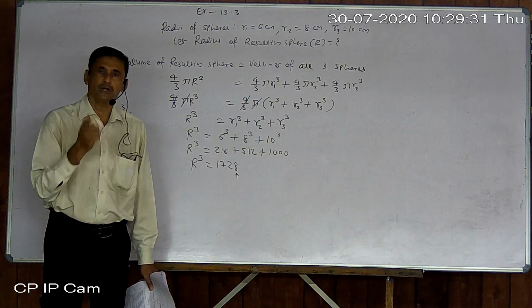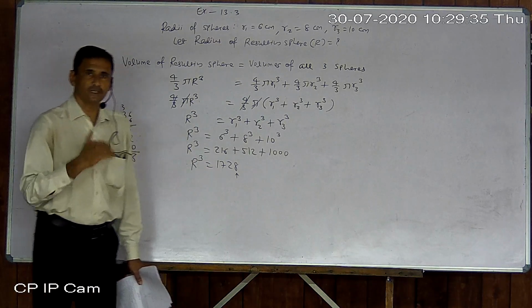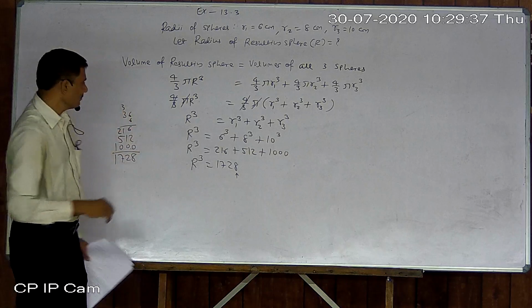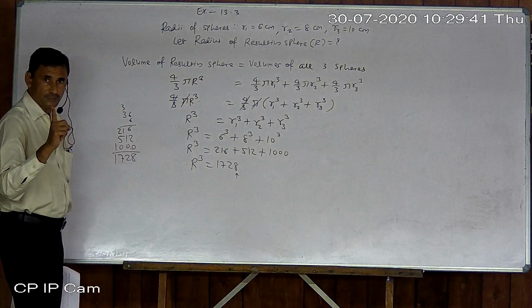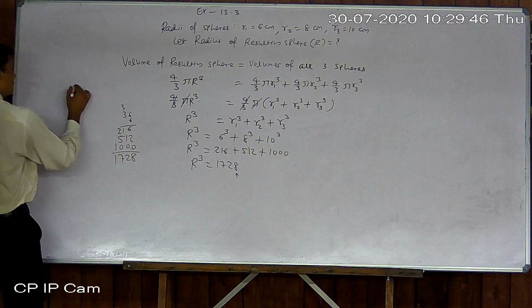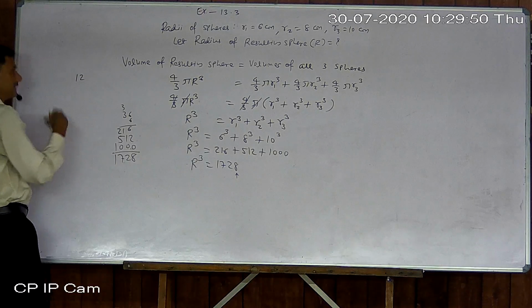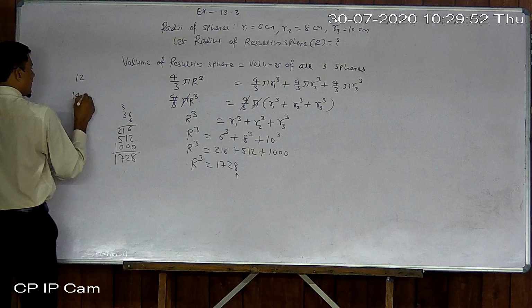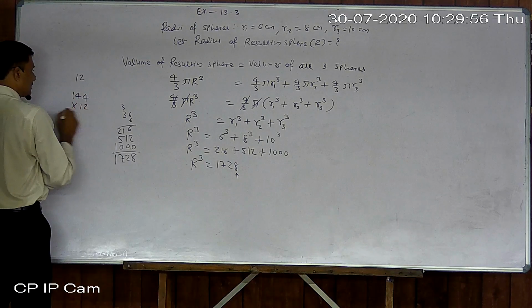Cube of 3, 13, 23, the unit digit will be 7. 3 3s are 9, 3 9s are 27. So by unit digit, you have doubt on 12. One possibility might be 12. So I do not look for 11, I just write 12 multiply 12 multiply 12. But 12 square I know, 144 into 12.